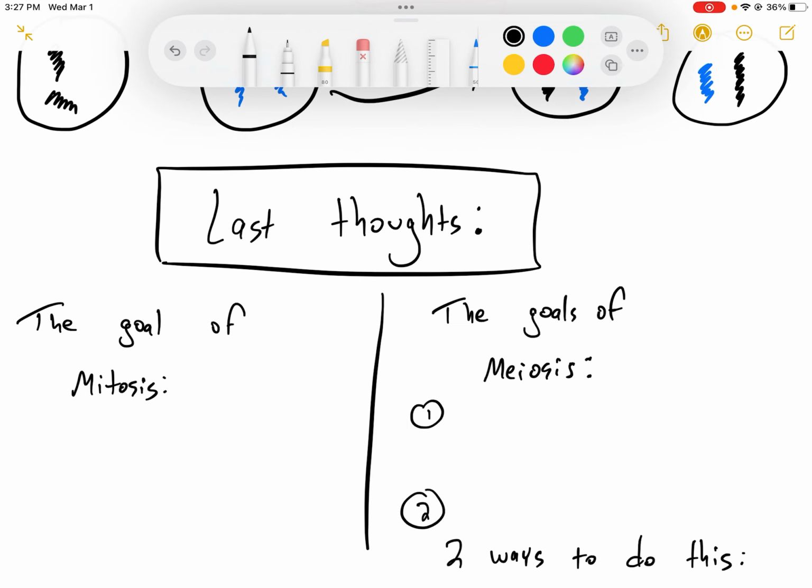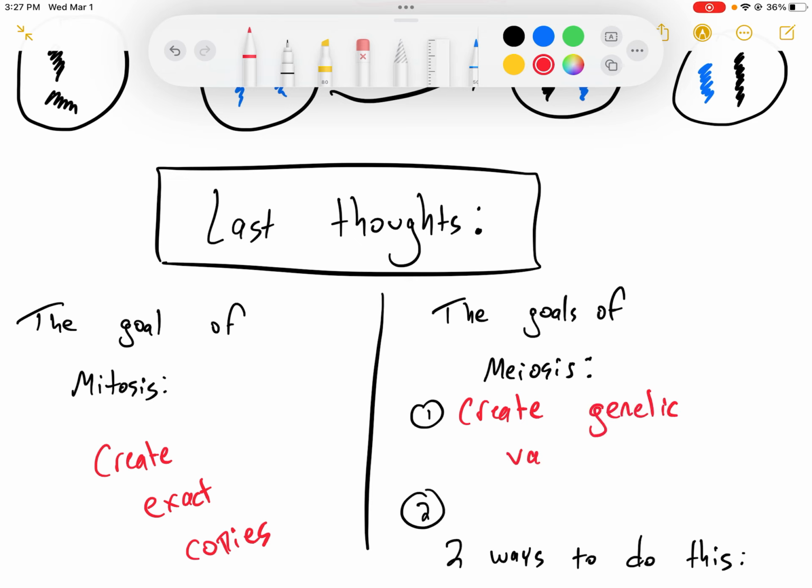So last thoughts: the goal of mitosis is to create copies. The goal of meiosis is to create genetic variation and to halve the chromosome number.